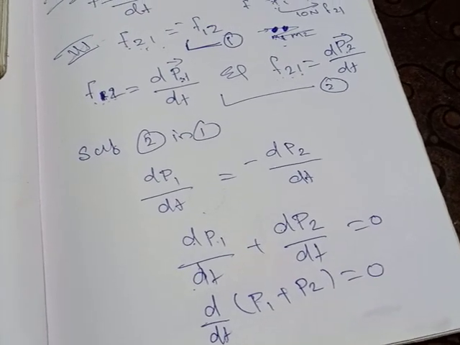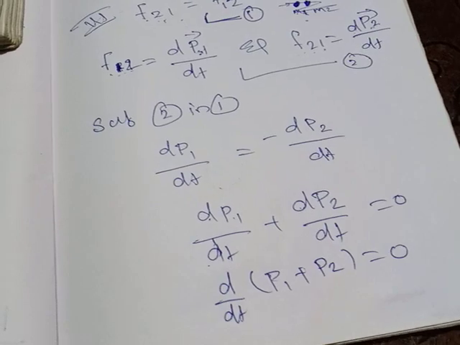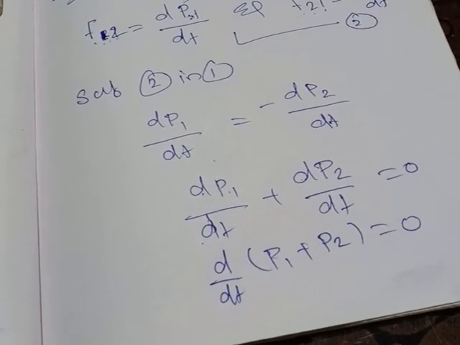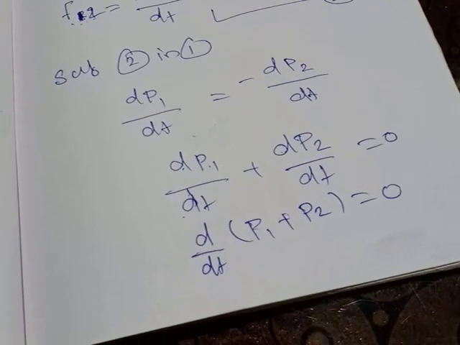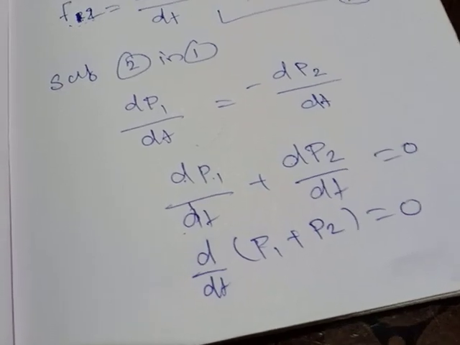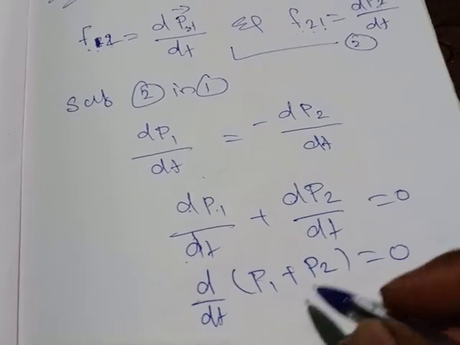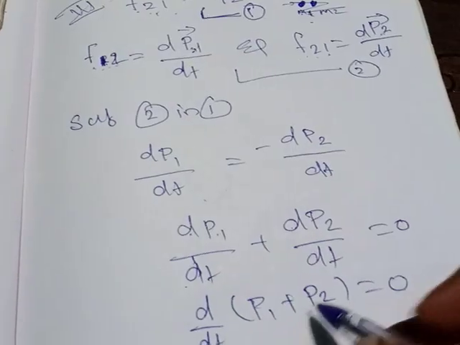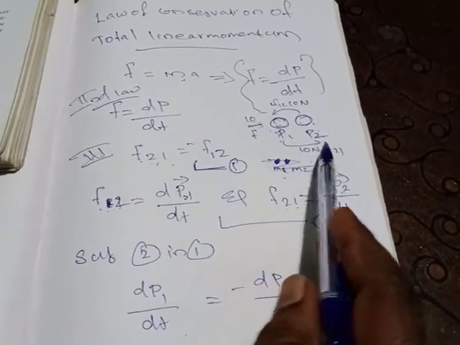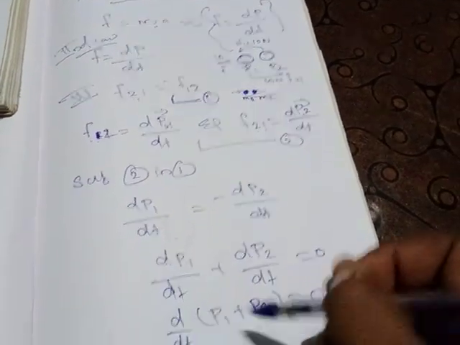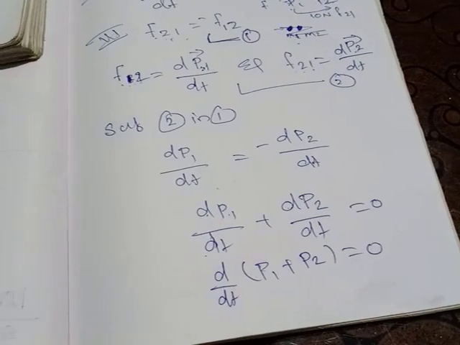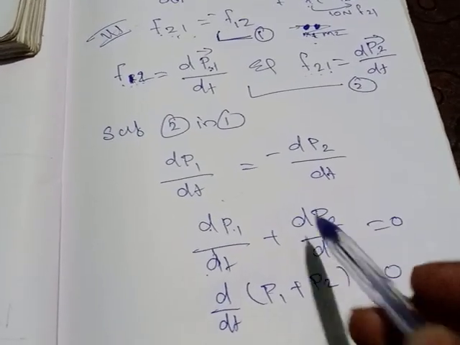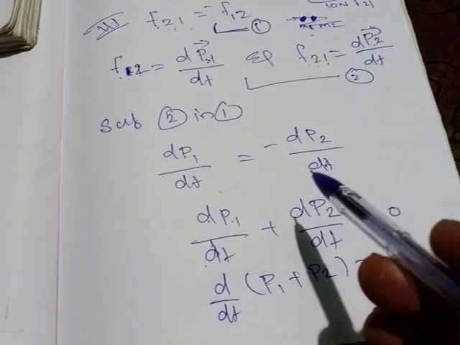So this p1 plus p2 means the total linear momentum between these two particles. Here I said the two particles are there. So p1 plus p2 is the total linear momentum acting on this system.